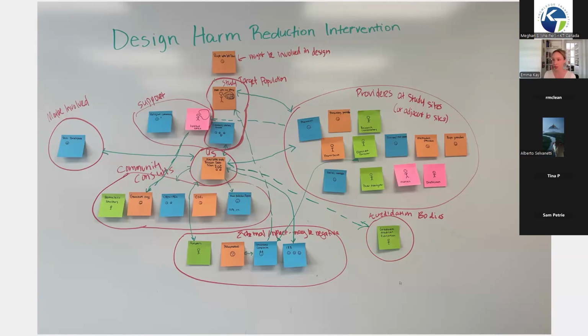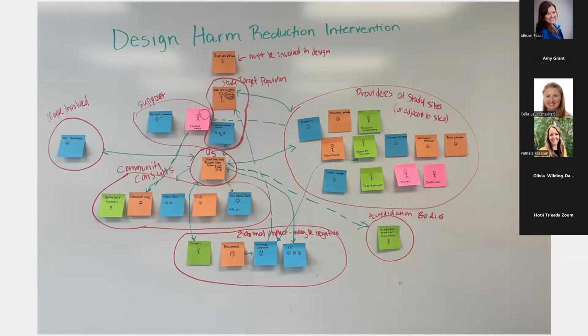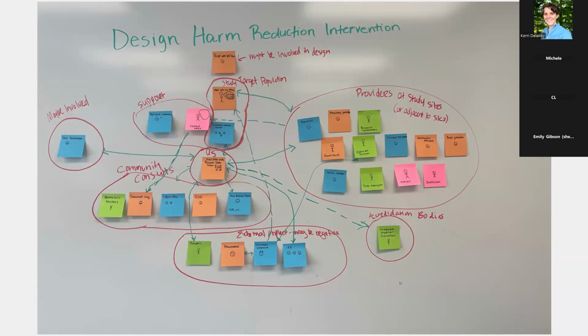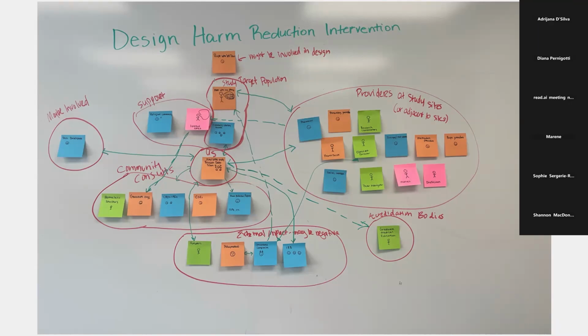And then we used another human-centered design technique called affinity clustering to group similar themes together. At the end of the day, we came up with some groups, and some of them we thought might be negative, including the IRB.